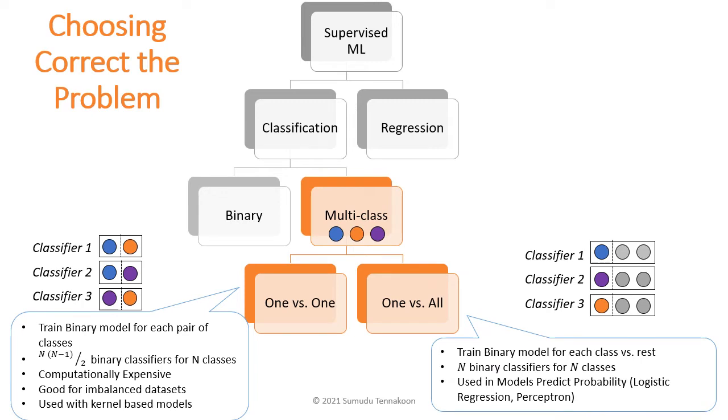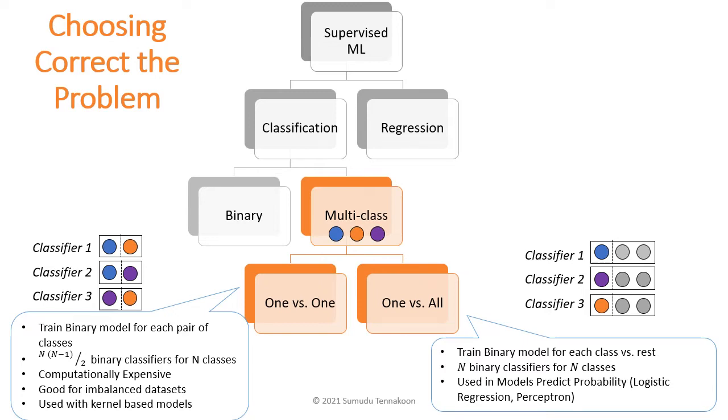And in contrast to one versus one, let's explore one versus all. In that case, you will be building models for each individual class. So it's still a binary model. You're building a model with one class versus all, where all means you are considering all other classes as belonging to one class. For example, blue versus non-blue, purple versus non-purple, orange versus non-orange, right?